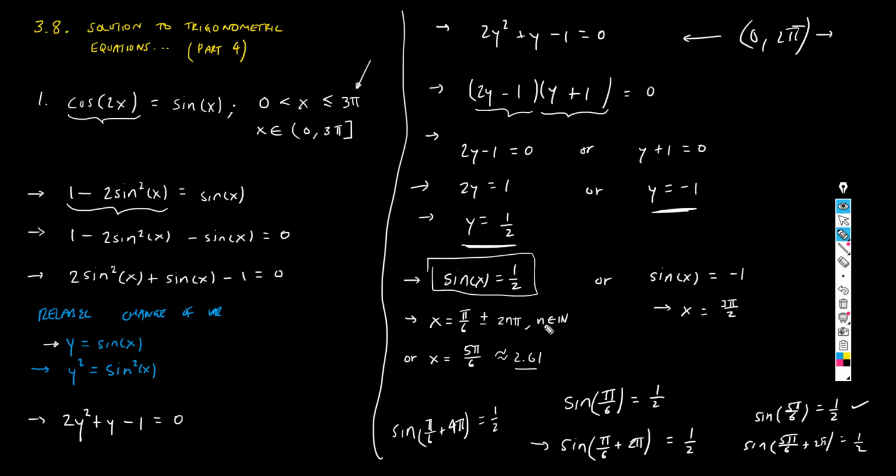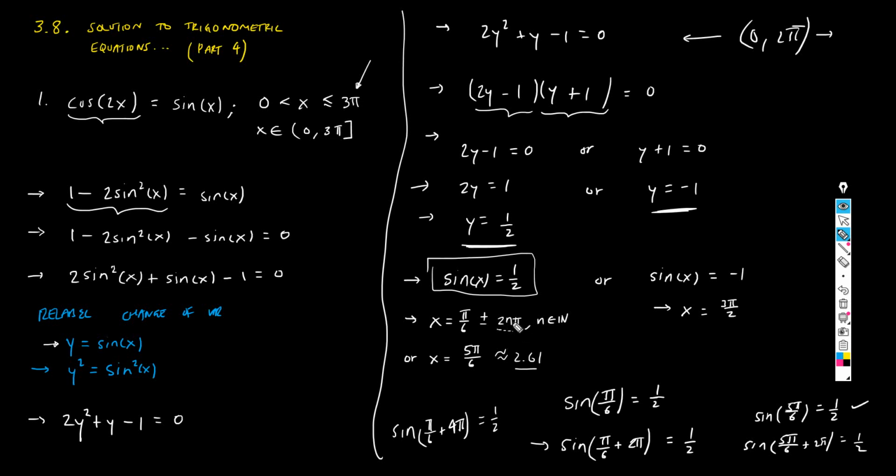What that means is that n can be either 1, 2, 3, 4, etc. Why 2n pi? Because when I give n the value of 1, I'd be either adding or subtracting 2 pi. When I give n the value of 2, I'm going to be adding or subtracting 4 pi. So all of these account for the multiples of 2 pi.